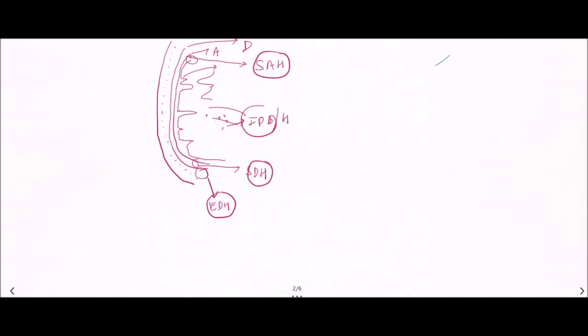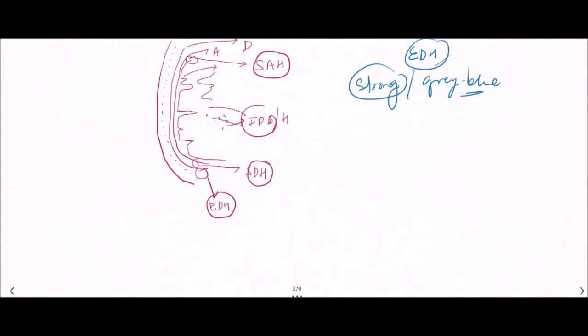First of all, we will cover extradural or epidural hemorrhage. As we all know, this layer is known as dura mater. It is one of the strong meninges, and it is grayish blue in color.